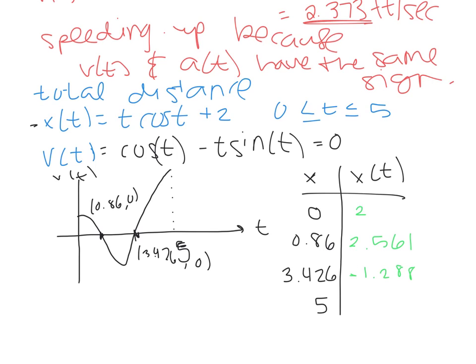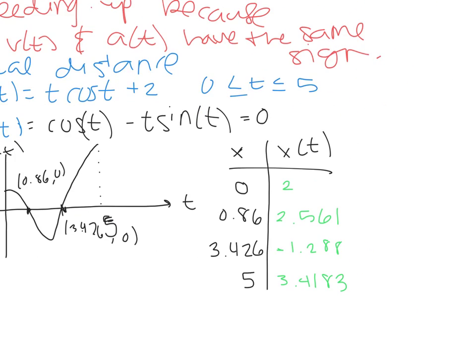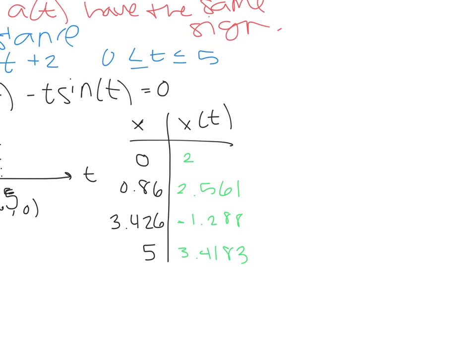Again, you're allowed to have negative distance because it's always revolving on the x-axis, and the x-axis does have negative numbers. And then finally at 5, our distance is 3.4183.